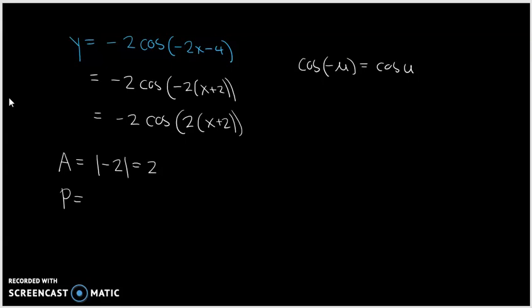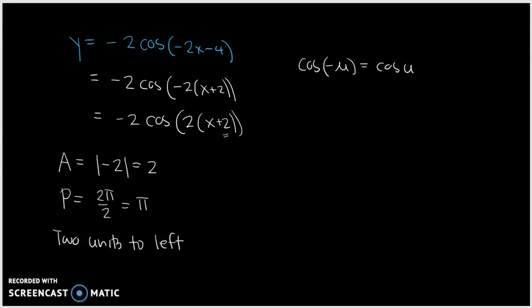So your period is 2 pi over 2, which equals pi. And then the plus 2 is a phase shift, 2 units to the left. That is what the plus 2 does.